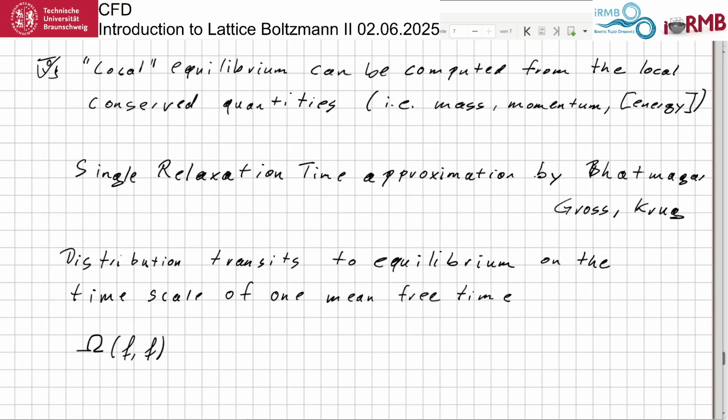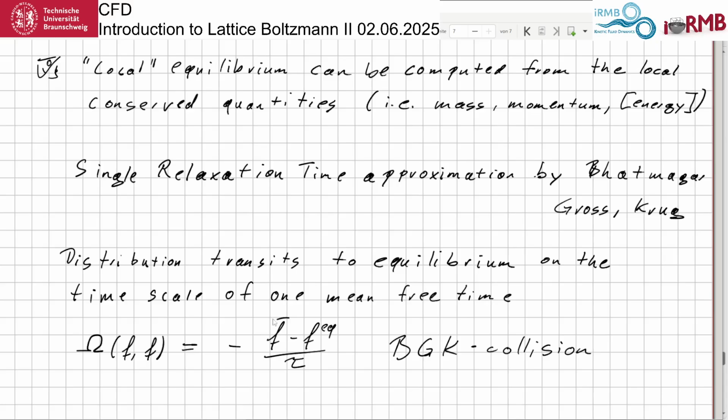Mathematically speaking, it's not exactly an operator, but you often call it an operator. It is now assumed to be minus f minus f equilibrium: the distance between the population and its equilibrium population, divided by tau. This is called the BGK collision, for Bhatnagar-Gross-Krook.